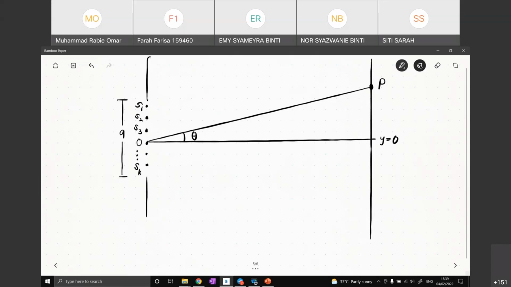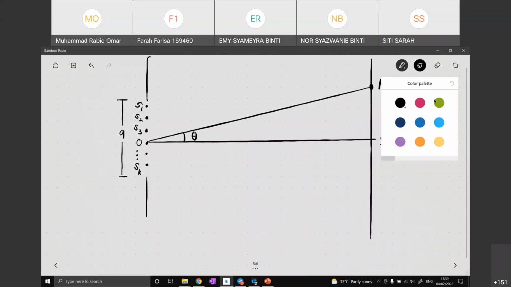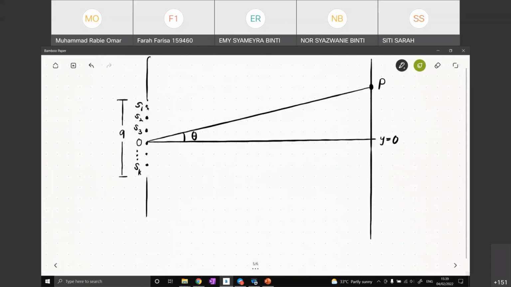So let's say I am drawing the light ray that comes from source number 1. And then I have another light ray coming from source number 2.